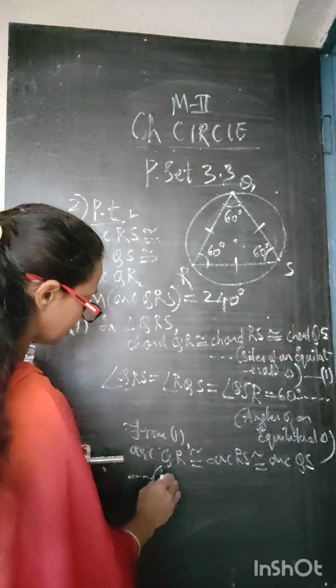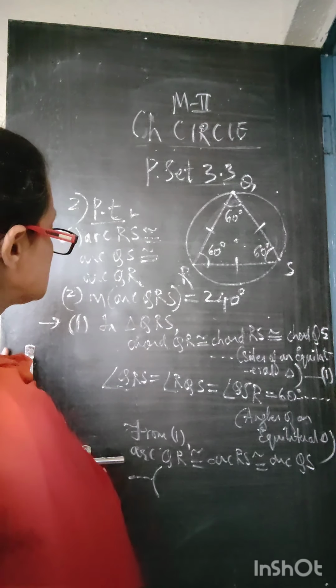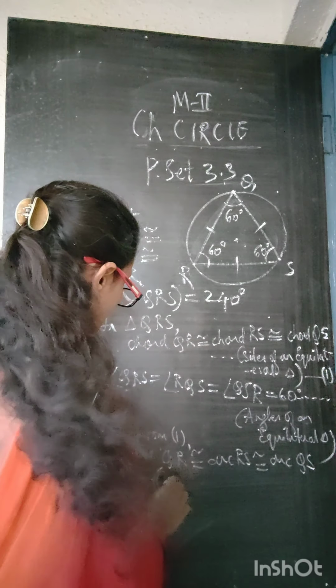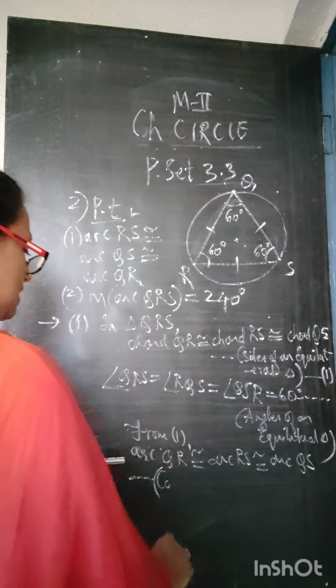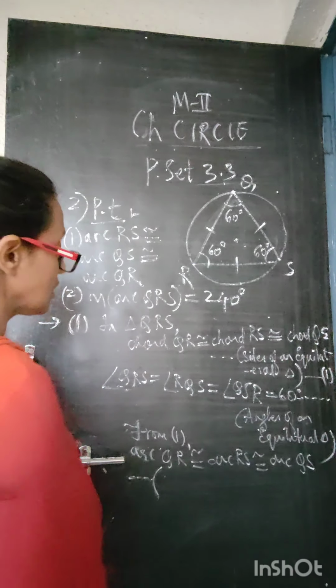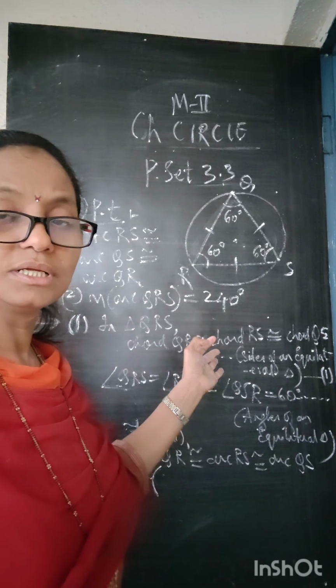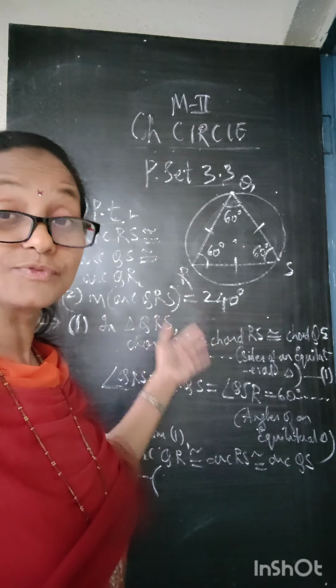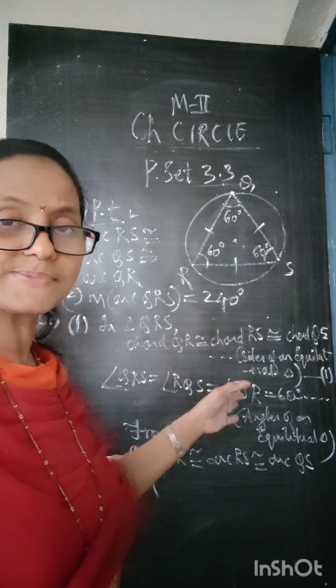What is the statement of the theorem? Congruent chords, corresponding arcs of the congruent chords of the same circle.